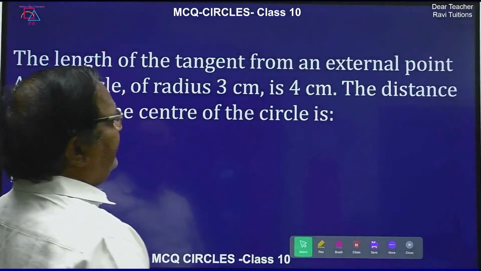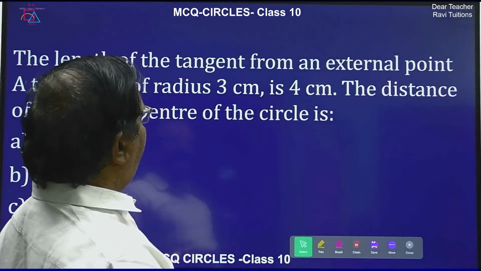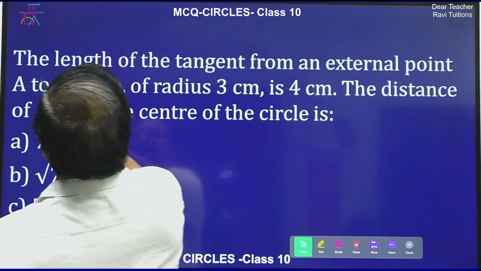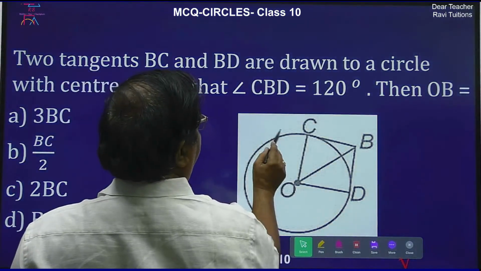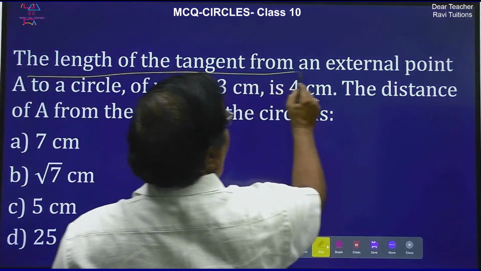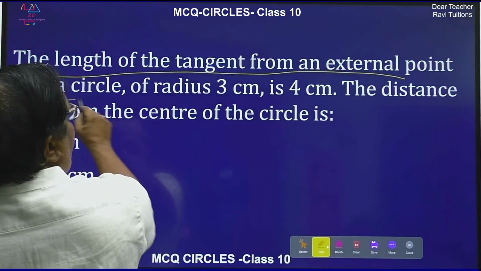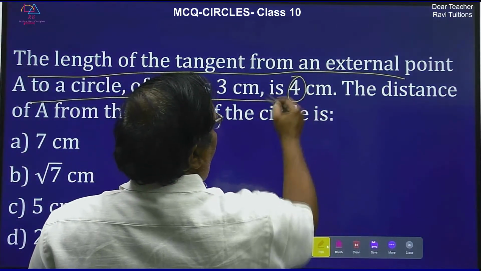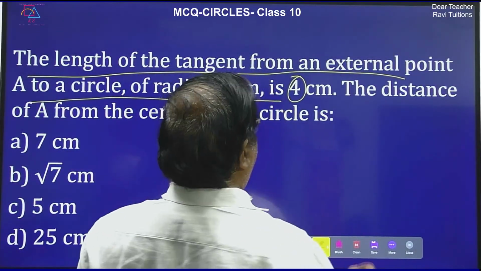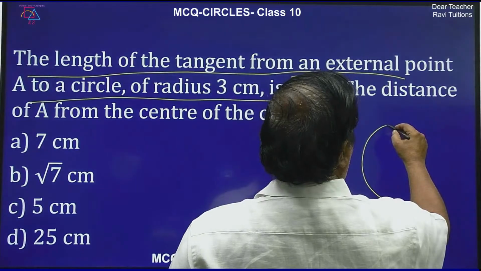The length of the tangent from an external point to a circle of radius 3 is 4. Length of tangent is given. You have to read till here. Tangent is 4. Very, very important. So draw a circle.